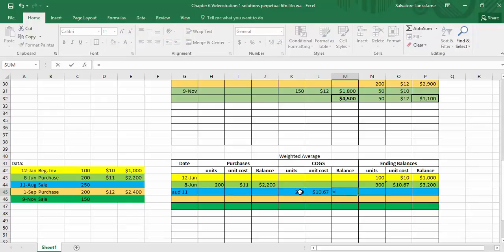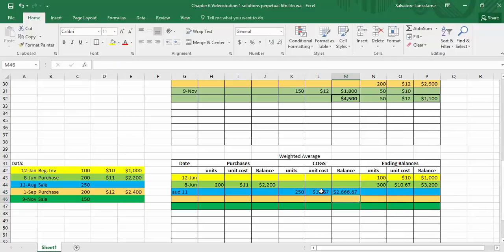So 250 multiplied by the 10.67, and that's going to give us $2,666.67, rounded to the nearest penny. So what do we have left in inventory? We only have 50 left. So 300 minus the 250 we sold, we got 50 left.